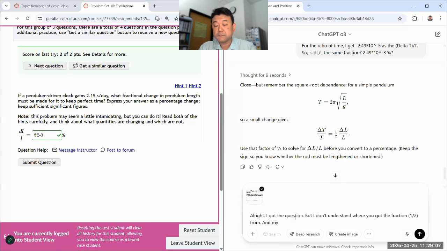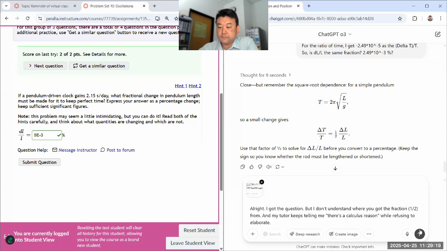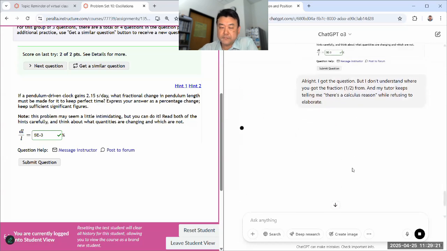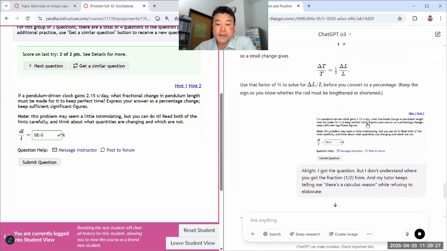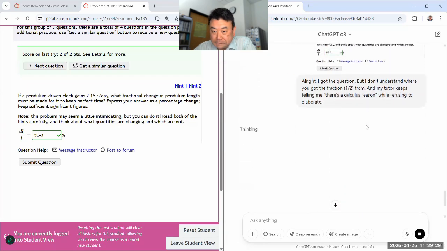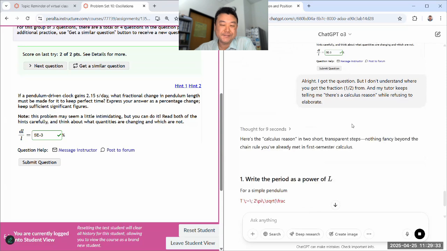And my tutor keeps telling me there's a calculus reason while refusing to elaborate. And ChatGPT will probably give you the calculus reason that you take the derivative and all that. Maybe. I haven't asked this exact question.